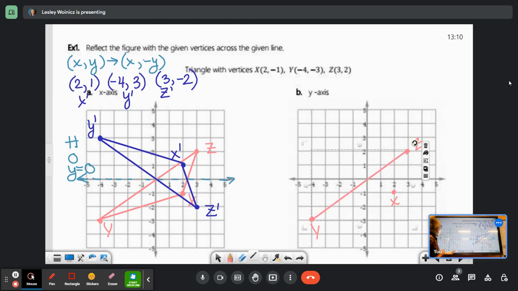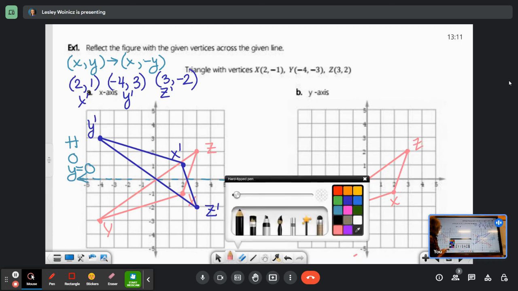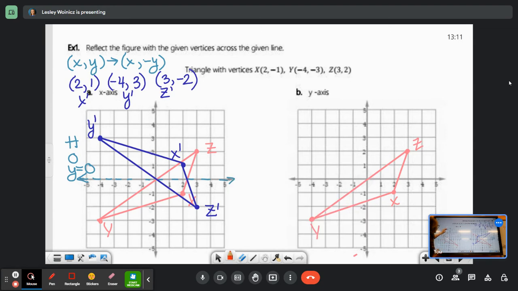So let's draw in our line of reflection. This time we're going to reflect in the y-axis. This is the line x equals 0. It's a vertical line. It has undefined slope, and its equation is x equals 0.